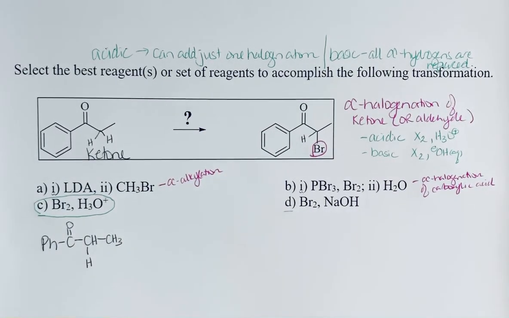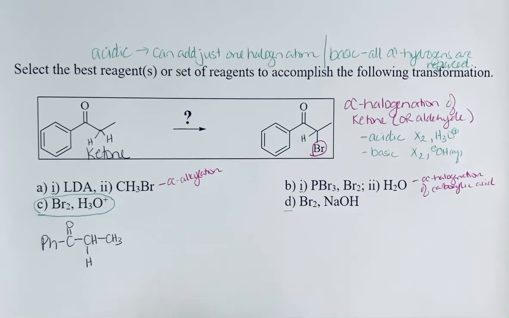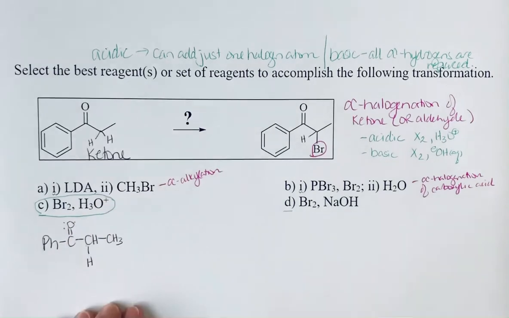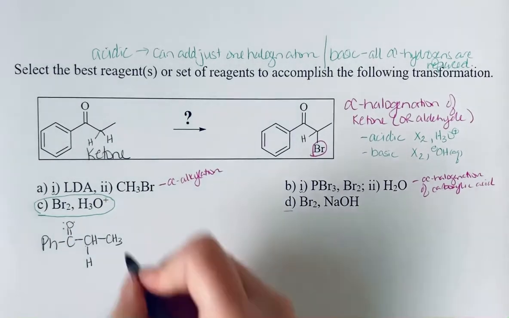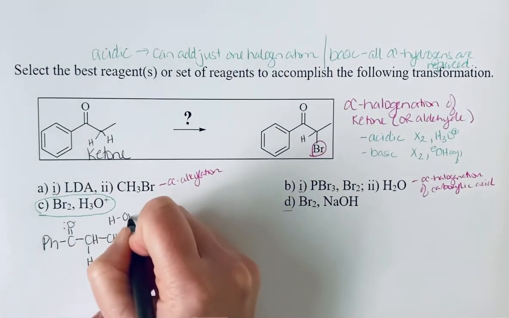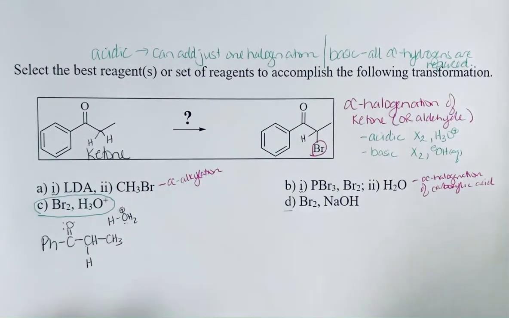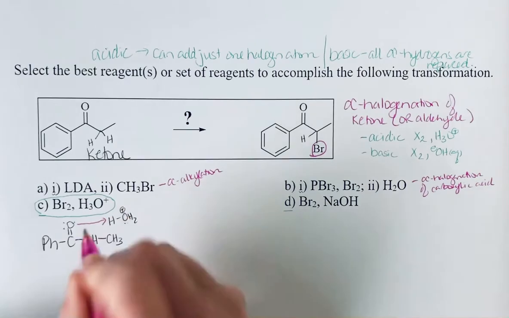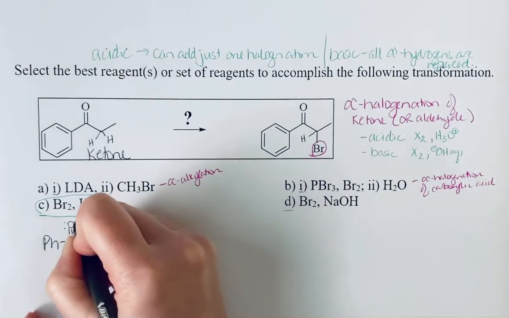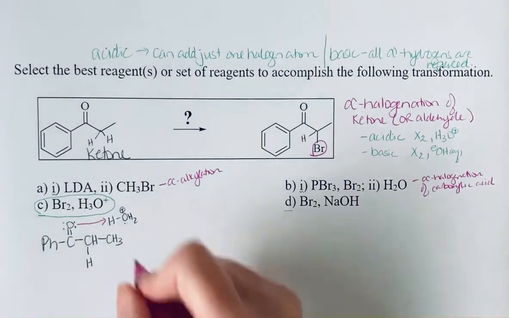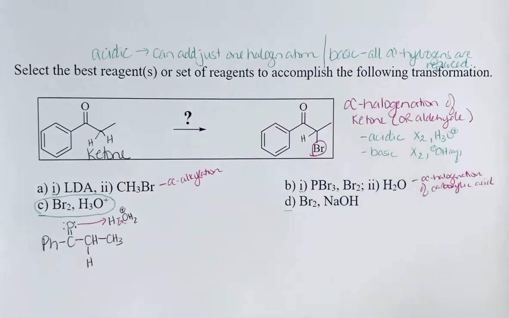But what we need to do first is we need to make this carbon into a nucleophile. So what we're going to do is we're going to convert our ketone into the enol form. So if we've got H3O+, we are going to protonate that carbonyl. So your carbonyl oxygen is your base. And it's going to grab that acidic hydrogen and break that hydrogen-oxygen bond.